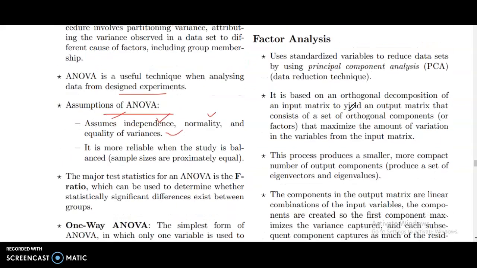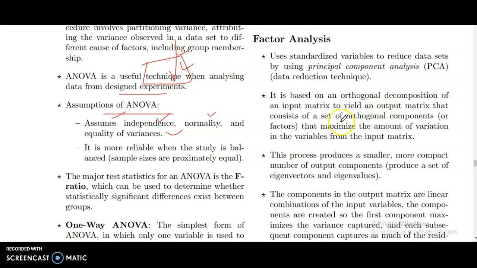Factor analysis uses standardized variables to reduce data sets by using principal component analysis, a data reduction technique.